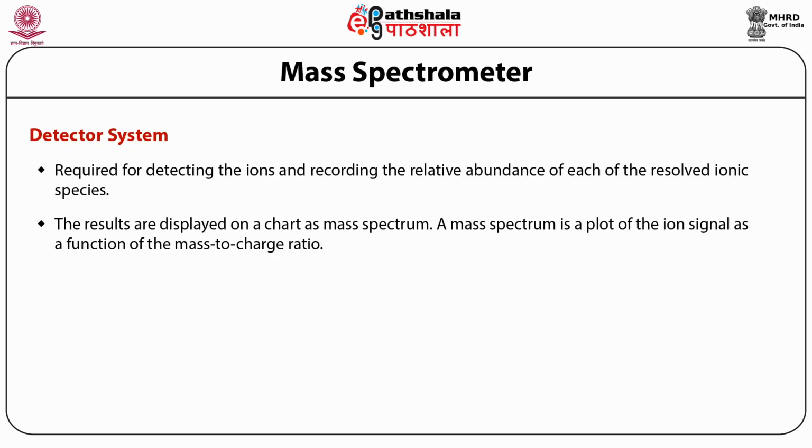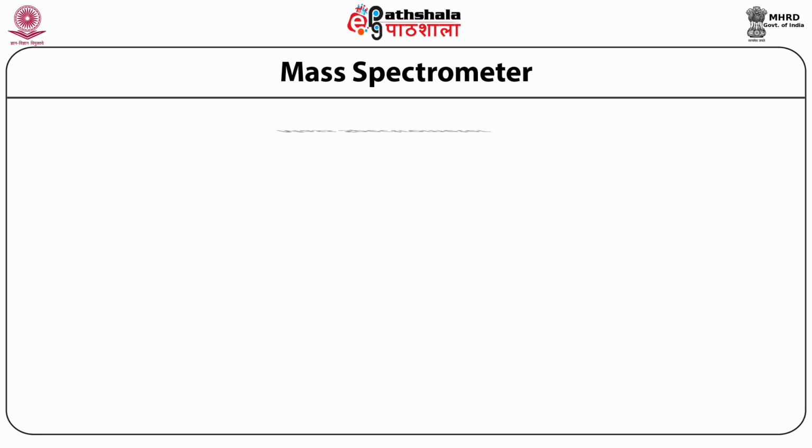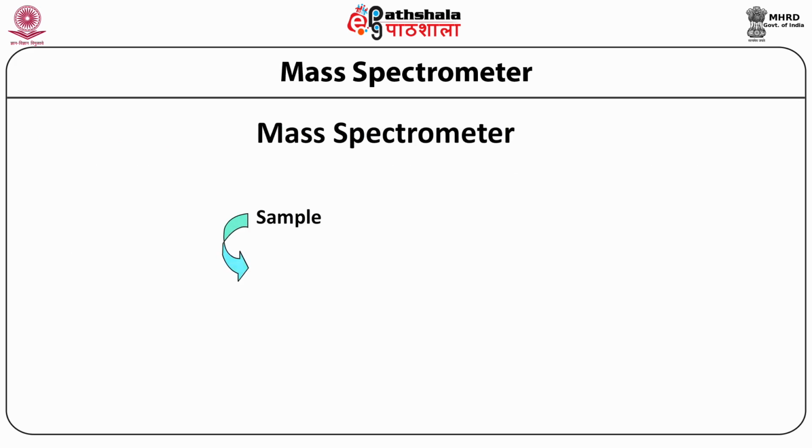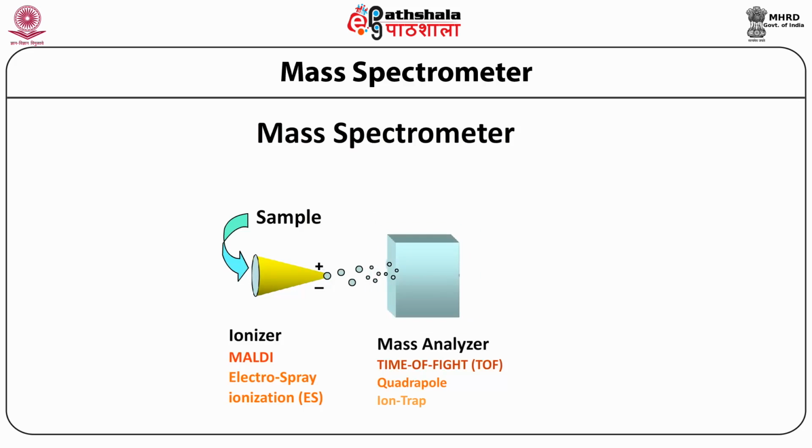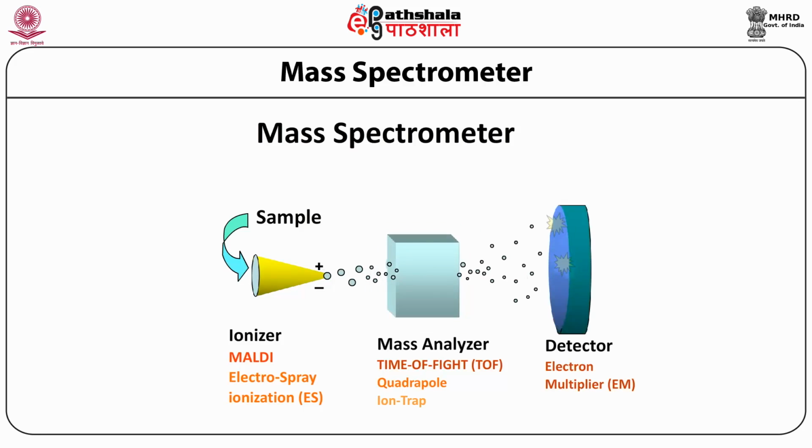Mass spectrometer. This figure shows the basic working of a mass spectrometer. You will find the samples are firstly ionized with the help of MALDI or ESI.